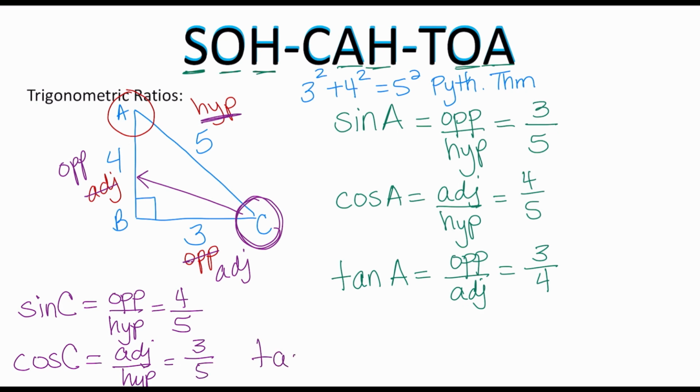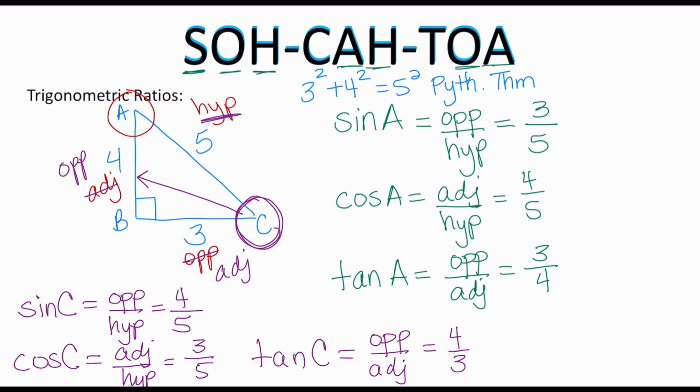And then the tangent of angle C, again, tangent is TOA, opposite over adjacent. Then tangent in this case is going to be 4 over 3. So compare the difference between the sine of angle A, cosine of angle A, tangent of angle A, to the sine, cosine, and tangent of angle C.